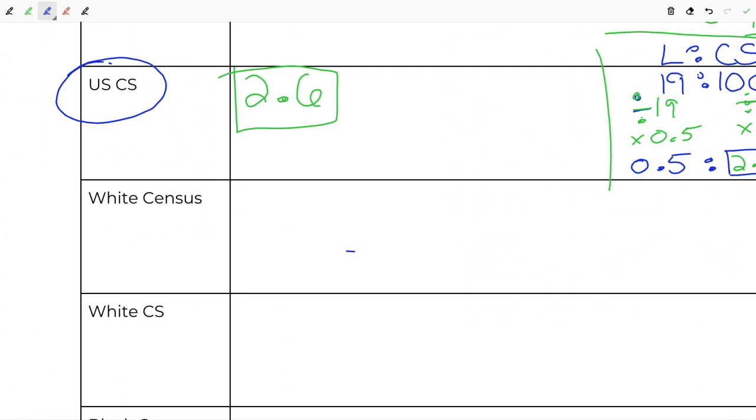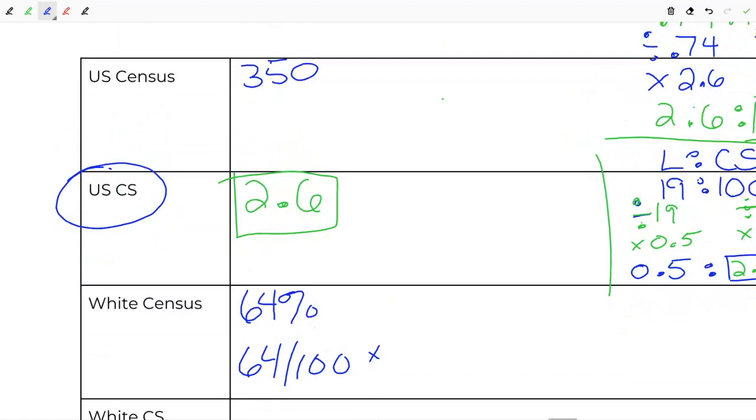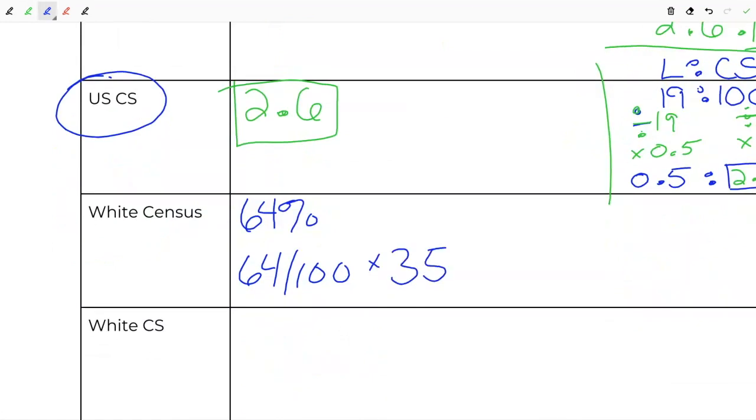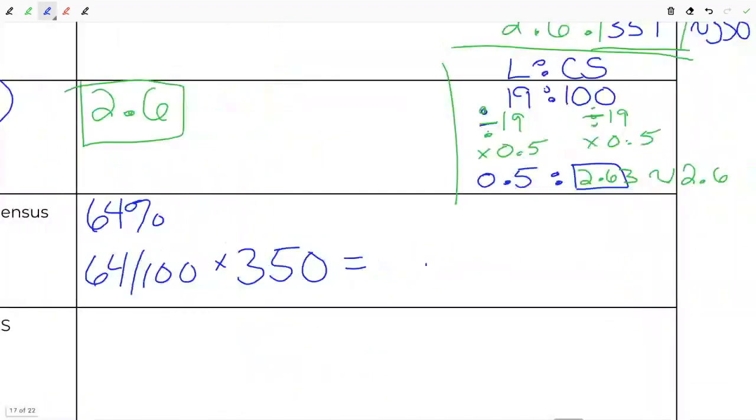Okay, so in the census, 64% of people are white. So 64 out of 100 times 350 is going to be 224, which becomes 220.